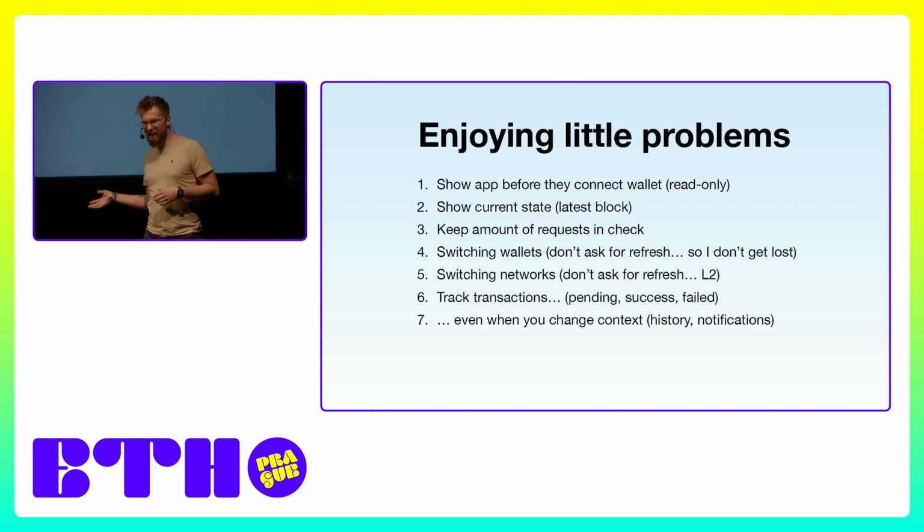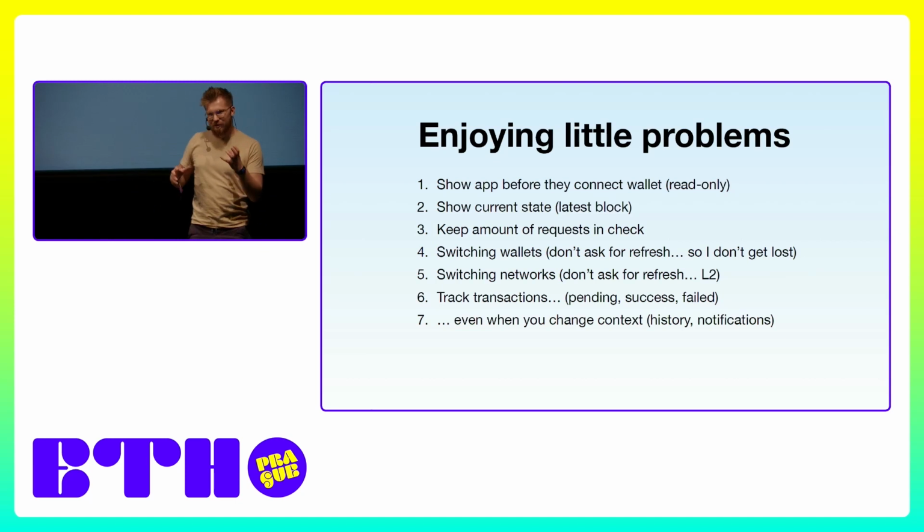If we have an API key that we pay for, and we want to fetch hundreds of different data points of different smart contracts, we can spam the API very easily, and the app will be very hard to operate. And also we need to gracefully handle switching wallets. So do not refresh everything, but refresh some of the things, and do that immediately. And the same with switching networks.